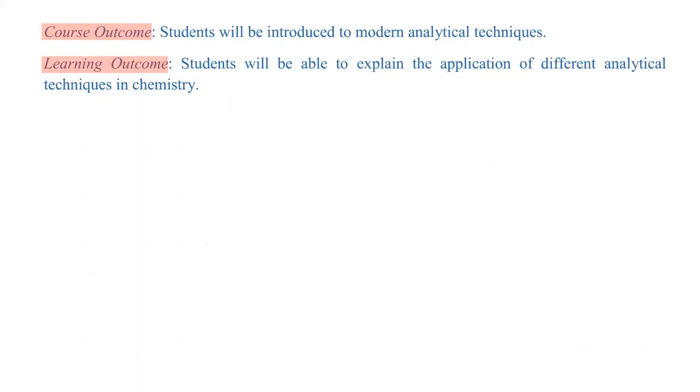Let us quickly go through the aim of this particular course. The course outcome will be learning modern analytical techniques. What are the different techniques we should utilize for understanding a molecule? And secondly, what will be the applications of these techniques in chemistry?